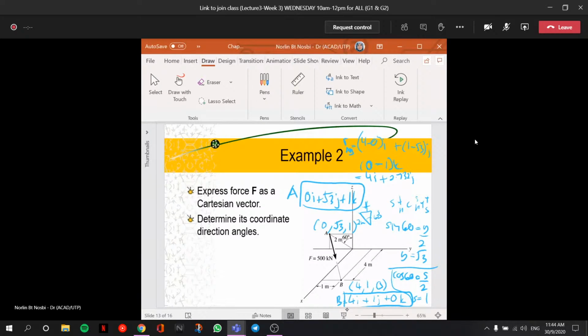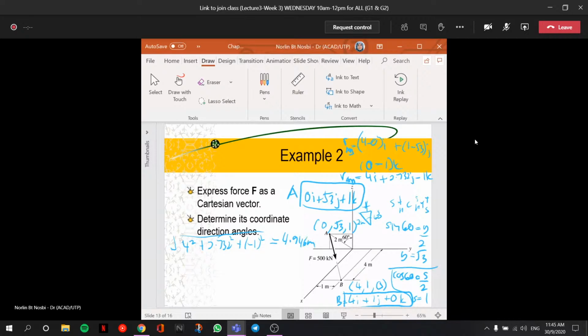Now you know r_AB. You need to find the magnitude. The rule for magnitude is the square root of 4 squared plus 2.732 squared plus minus 1 squared. Then you will get the value 4.946 meters.